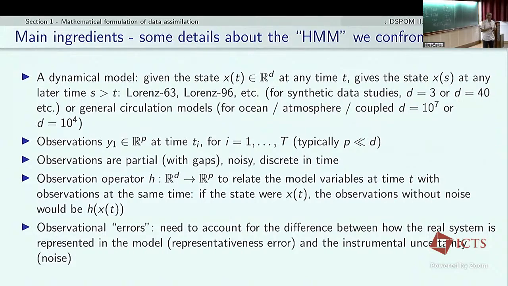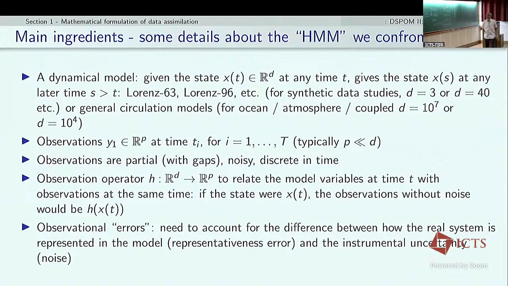The observations, I didn't mention the size of the observation. The observations are significantly less. Typically, the number of observations available at a time, every 6 hours roughly, is of the order of between 10,000 to a lakh and so on. So at least 1 or 2 or 3 orders of magnitude less than the size of the system that we deal with, or size of the model that we deal with.